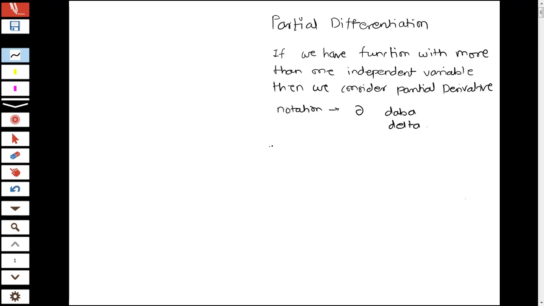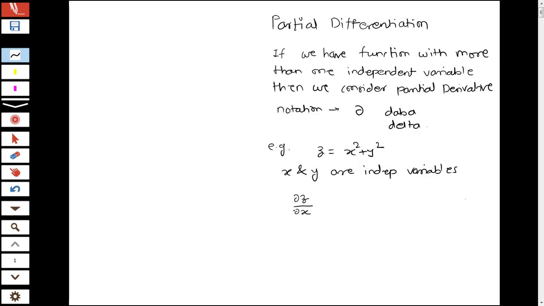For example, suppose we have z is equal to x square plus y square. So you can see that x and y are independent variables. There are two variables, and we can take the derivative of z, which is the dependent variable, with respect to the independent variable x.